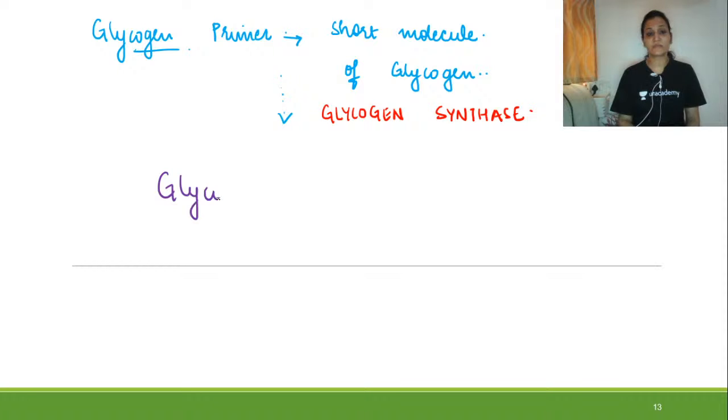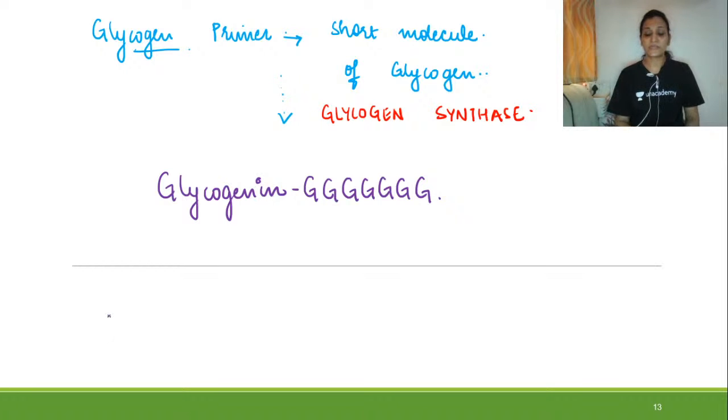There will be addition of around 7 to 8 glucose molecules to the glycogenin. So glycogenin will attach to the glucose coming from UDP glucose.